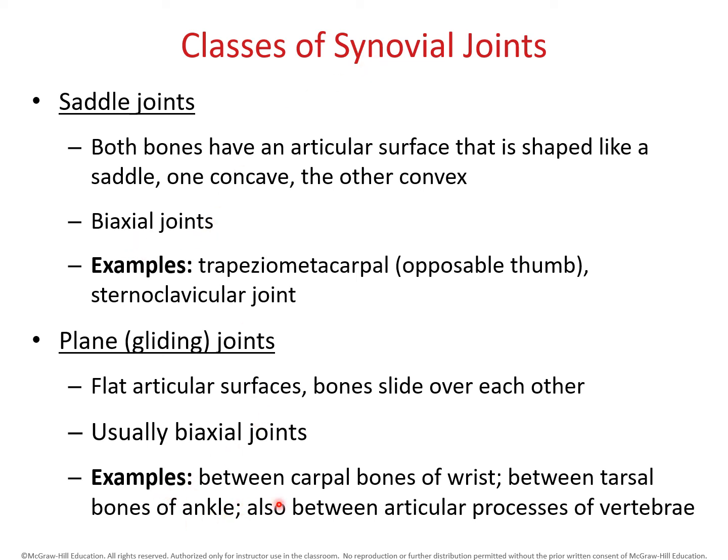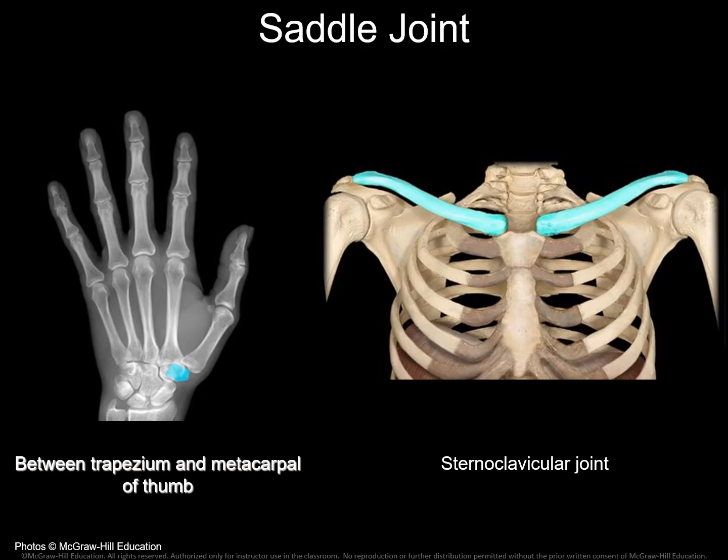Examples of plane joints: in between the individual carpal bones making up the wrist, similarly between the tarsal bones in the foot, and also between certain areas of the vertebrae, the articular processes, which you didn't need to know, unless we're talking about the transverse processes, but I probably won't ask you that detail.